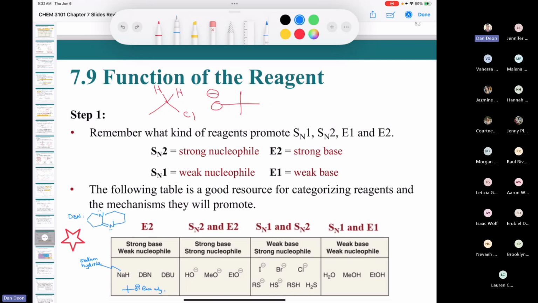It can't get into the carbon atom, but it can pick off, if I was to draw a beta proton like this, it can easily pluck off this proton and do an elimination. So it's better at picking off protons on the periphery. Does that make some sense? Big bulky bases make terrible nucleophiles.